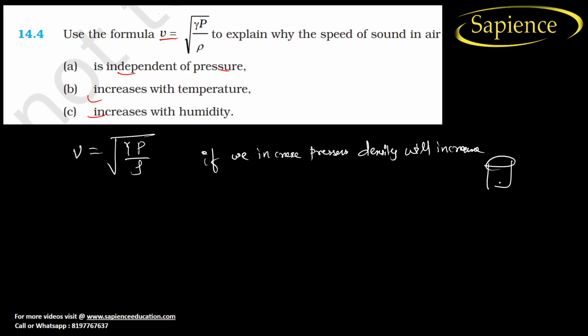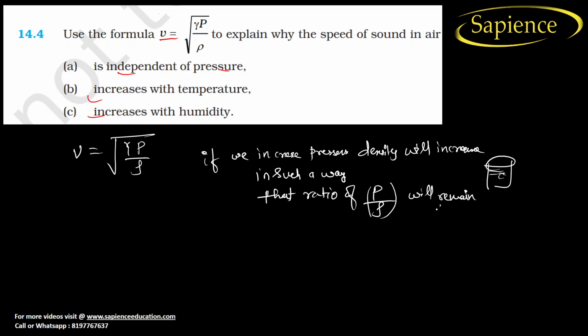You know that whenever you compress the air, density will increase in such a way that the ratio of pressure by density will remain constant. Hence, velocity is independent of pressure. I hope you have understood this, right?